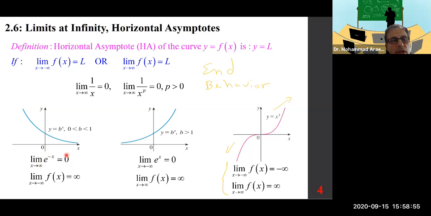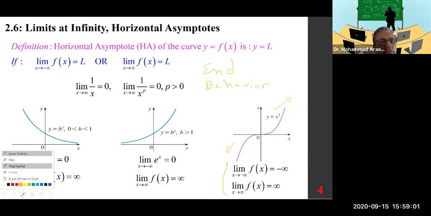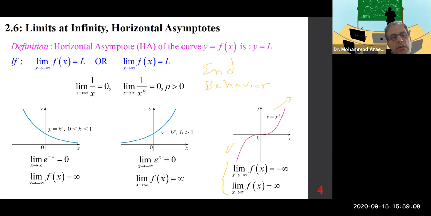In this case, p is between 0 and 1. And in both cases, this one and this one, we have the horizontal asymptote, which is the x-axis, or y equals 0. This comes from this definition.